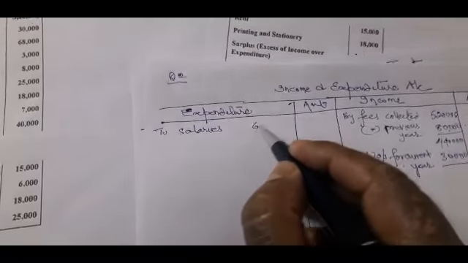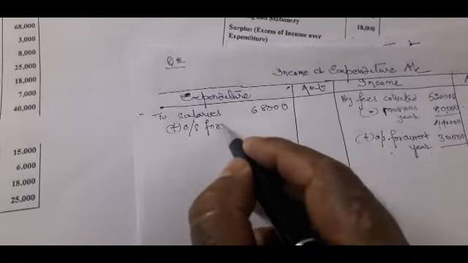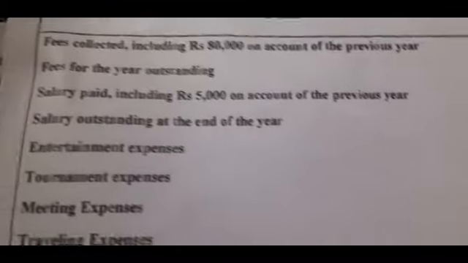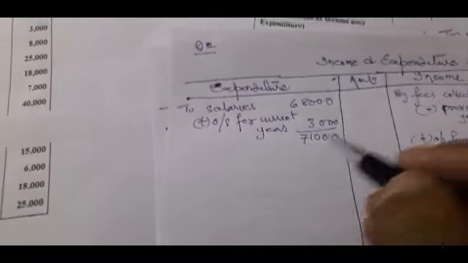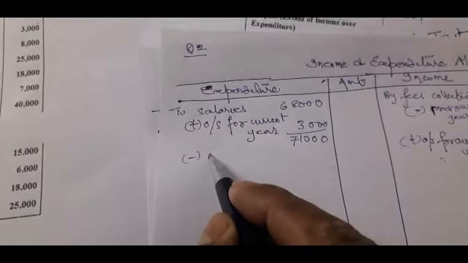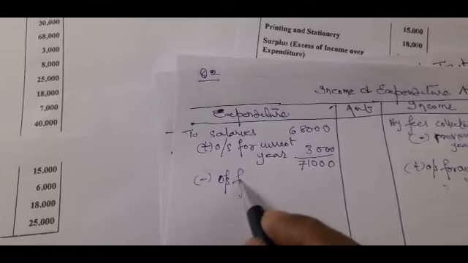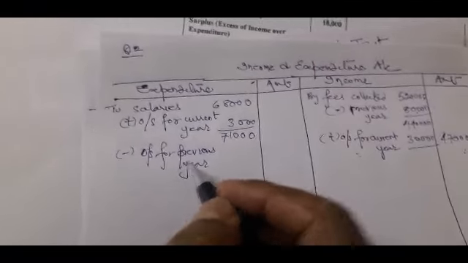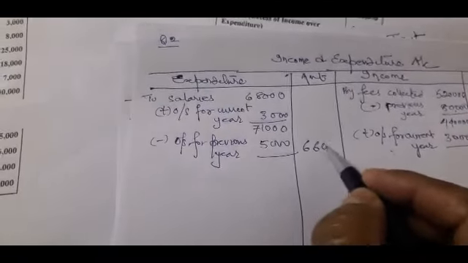Amount is 68,000 rupees plus outstanding at the end of the current year 3,000, and minus the amount for the previous year, sorry, outstanding for previous year, is 5,000 rupees. Total amount is 66,000 rupees.